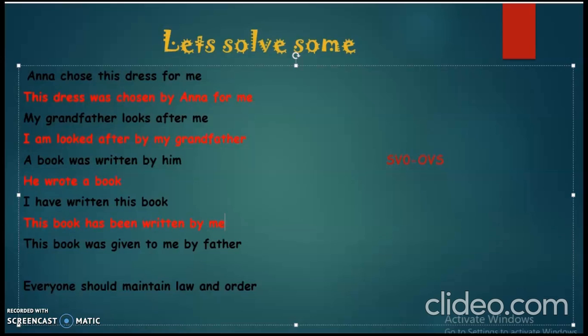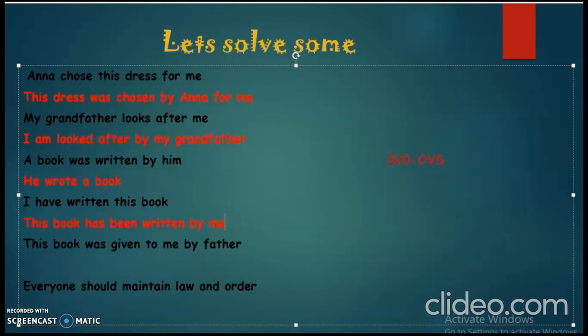Now, this book was given to me by father. What is the answer for this? Anyone think? Okay, it will be my father gave me this book, because this is in passive voice. We have to convert it into active voice using the past tense, because the sentence is in past tense.